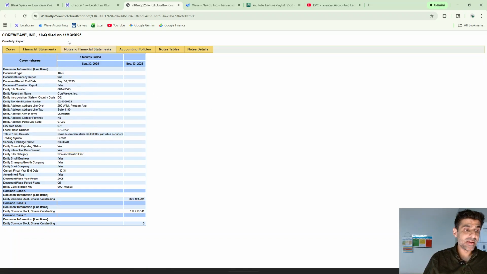So this is their 10Q. 10Q stands for their quarterly financial statement reporting. Okay, so since they're a public company, every quarter they have to provide the public their financial statements. Okay, and then every year they have a more extensive, fully audited annual filing, called a 10K.